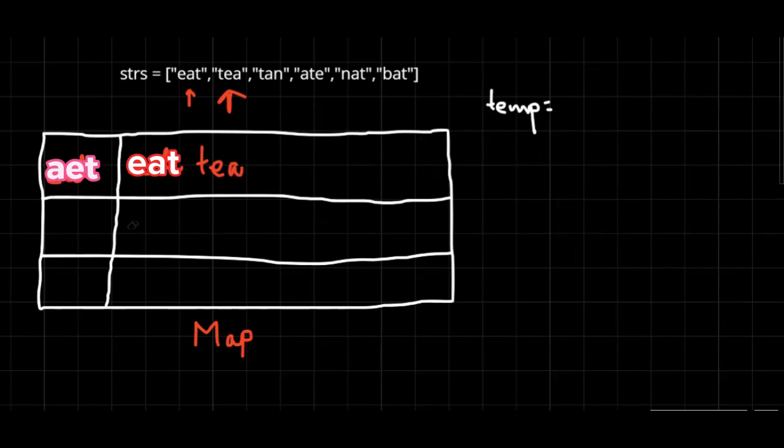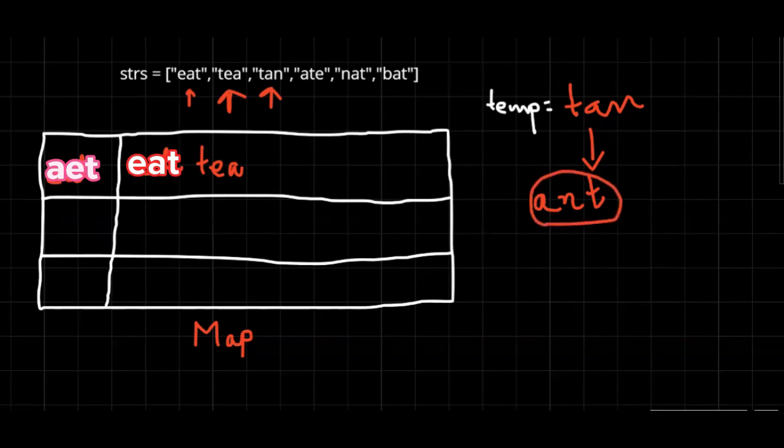Now for the third string, the string is tan. And if we perform the sorting operation, the string will become ant. So we have to store ant as the key of the map.